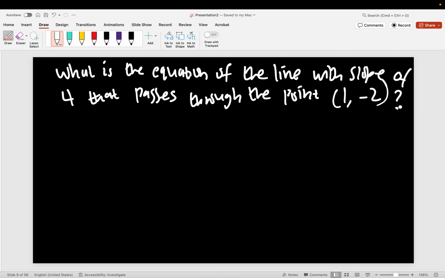So this is the question. What is the equation of the line with slope of 4 and it passes through the point (1, -2)?